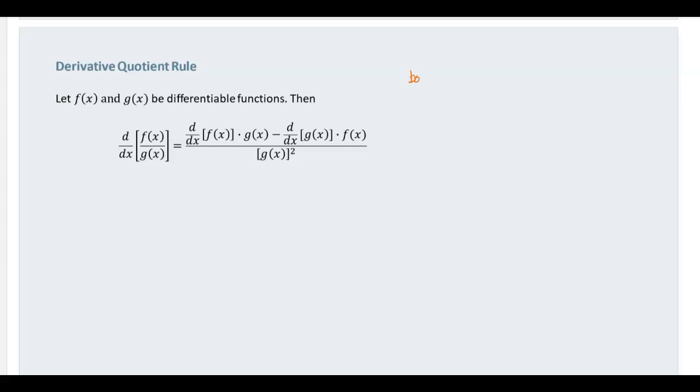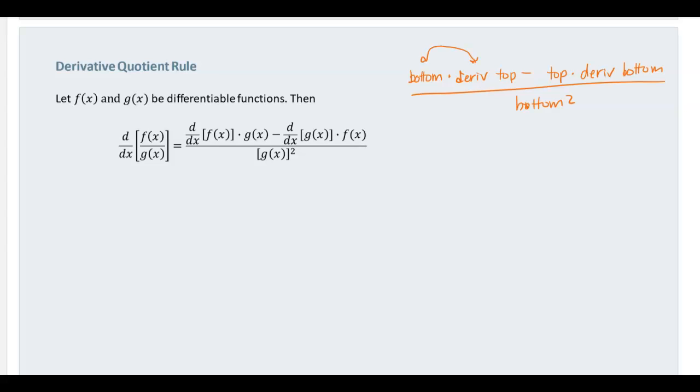I learned the bottom times the derivative of the top minus the top times the derivative of the bottom all over the bottom squared. This is just written in the reverse order.